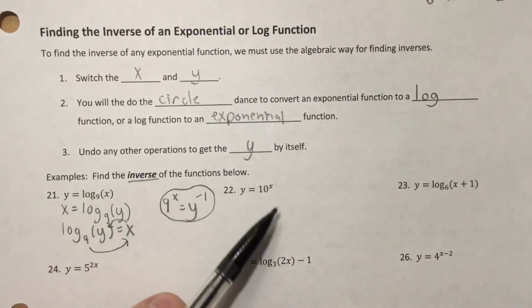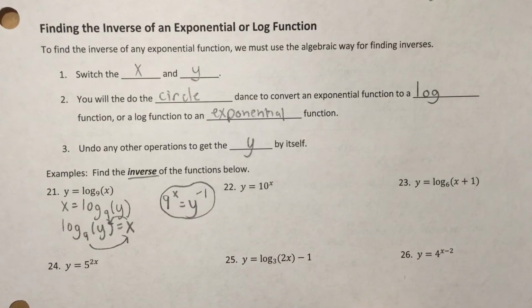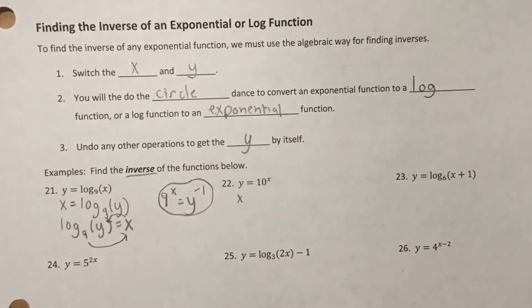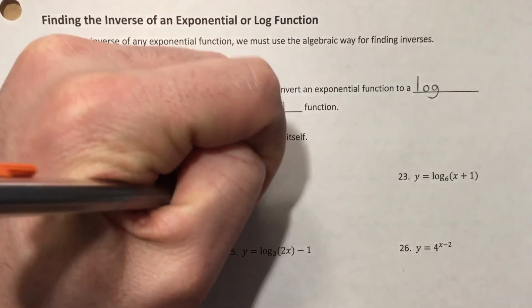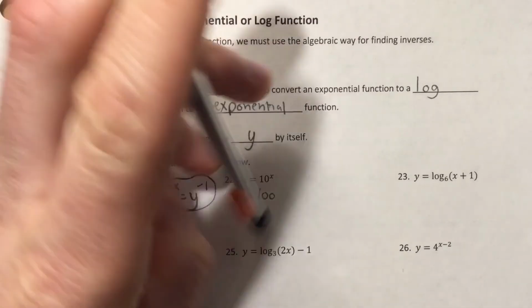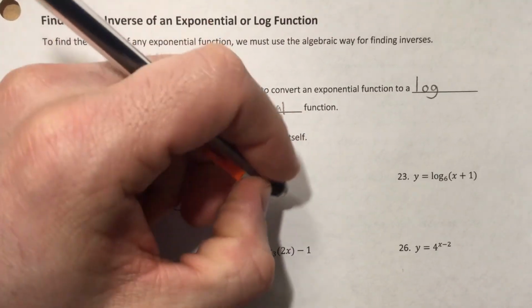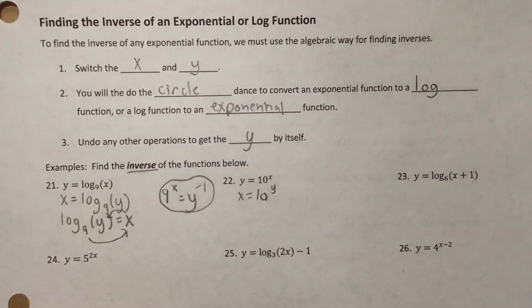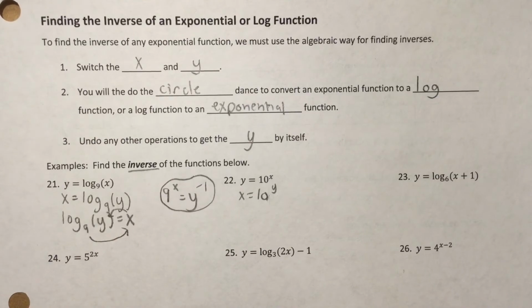If we look at 22, now we have an exponential. So let's see what our inverse would be. Again, first step, I switch my x and my y. So I have x equals 10 to the y. And then I want to get my y out of the exponent. So I'm going to make it into a log.